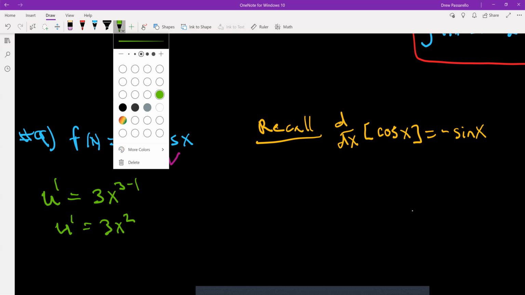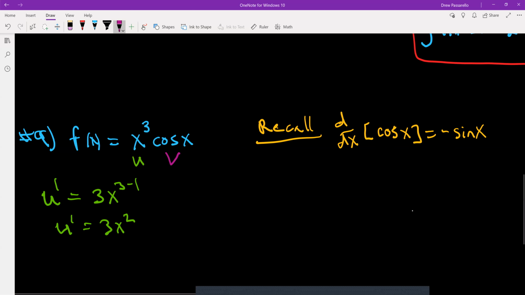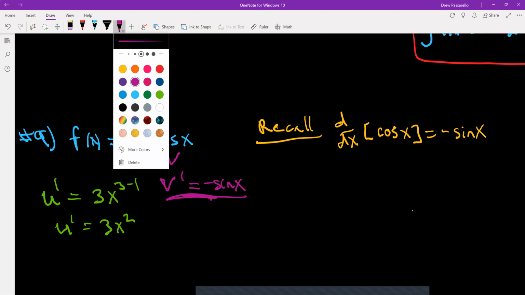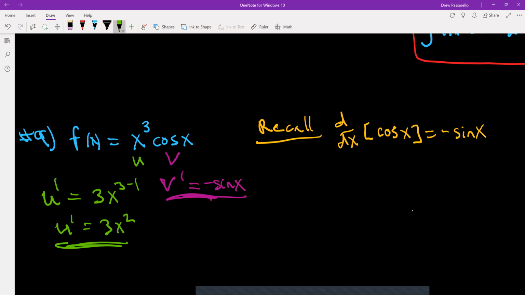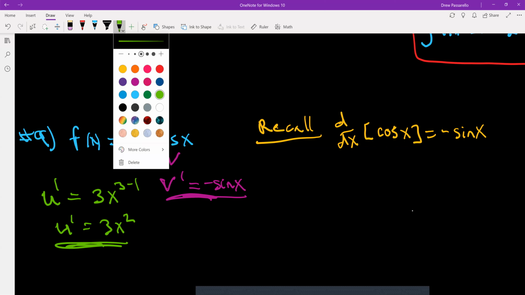V is cosine x, so that means v prime is the derivative of cosine, that's negative sine, so it'd be negative sine x. All right, so I'm plugging in that for v prime, and then 3x squared for u prime. So our product rule.